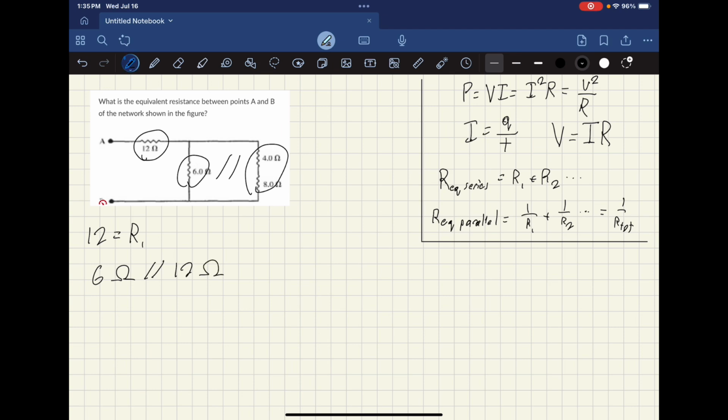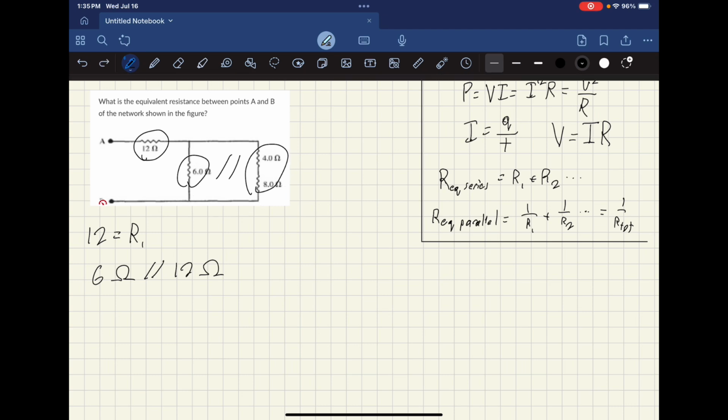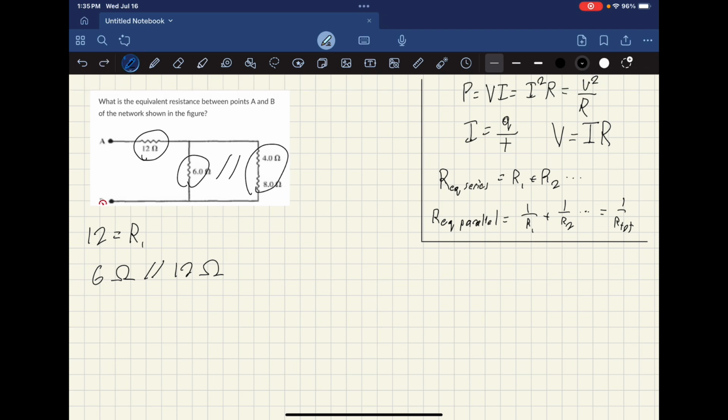So the first thing to do is to find out the total resistance of the parallel thing happening here. So we use our equation for equivalent resistance in parallel. We get 1 over 6 plus 1 over 12 equals 1 over our total.